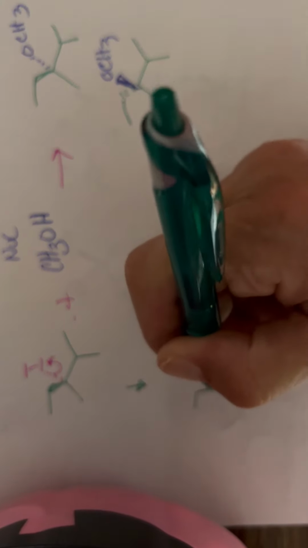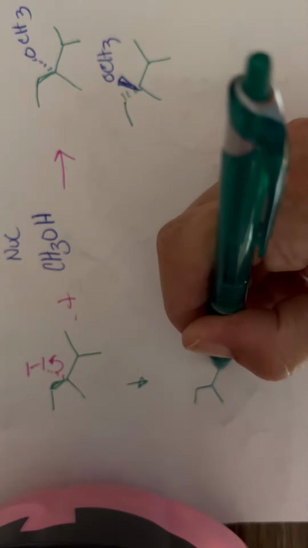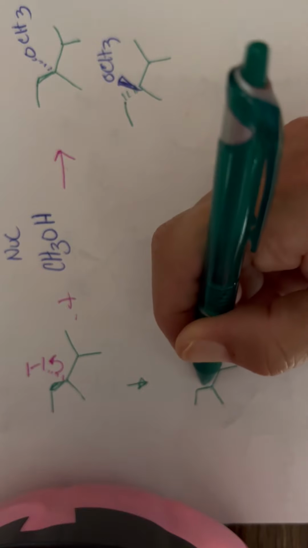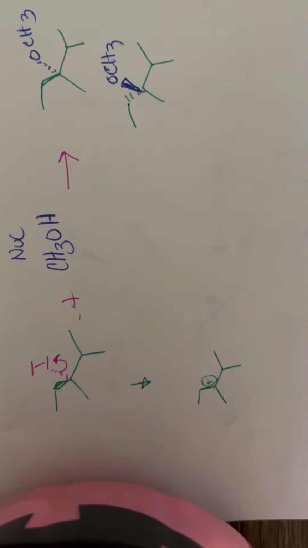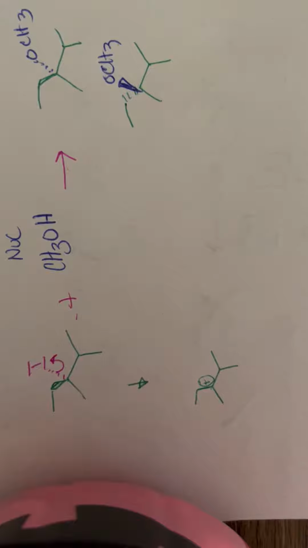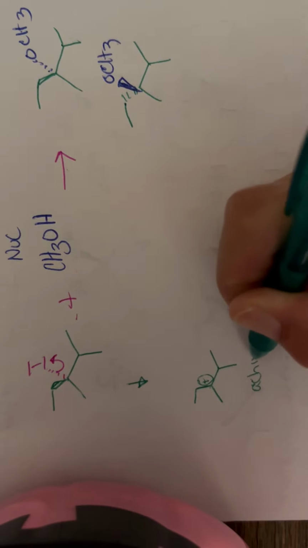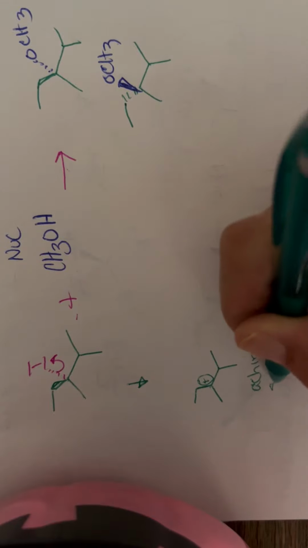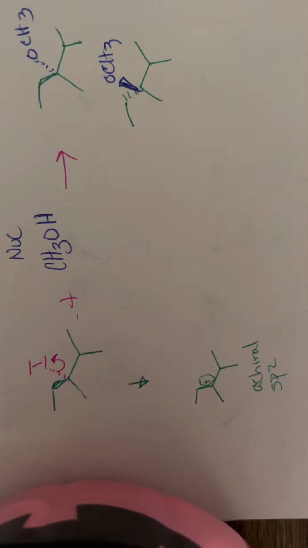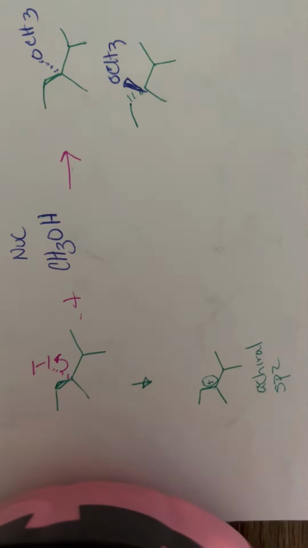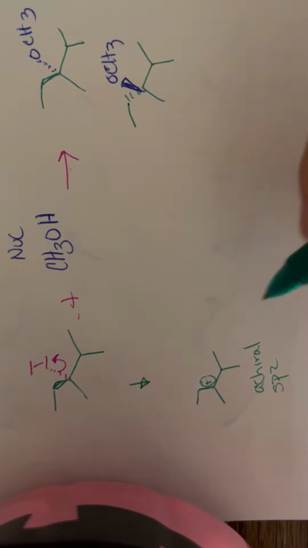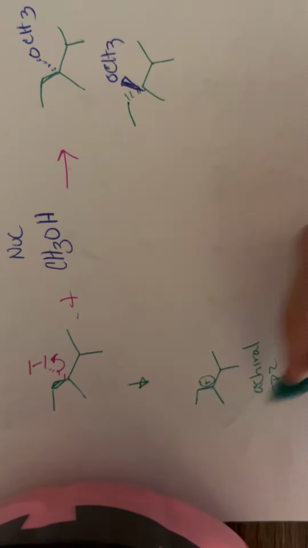Now, if you notice, here's my cation. This is achiral because it's sp2 hybridized, because I'm only bound to three things. And this is my intermediate.